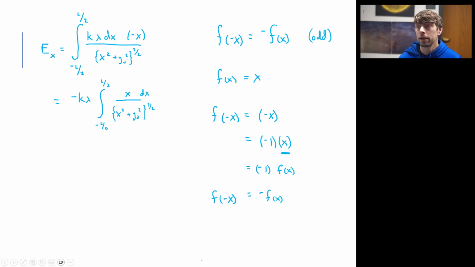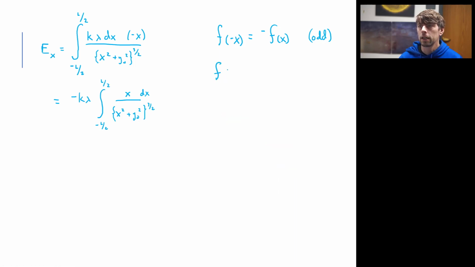So I should tell you what is an even function. An even function is any function where when I plug in a negative argument, I end up with the same value as if I had a positive argument. And so, as an example, we can check to see if the quantity x squared is even.